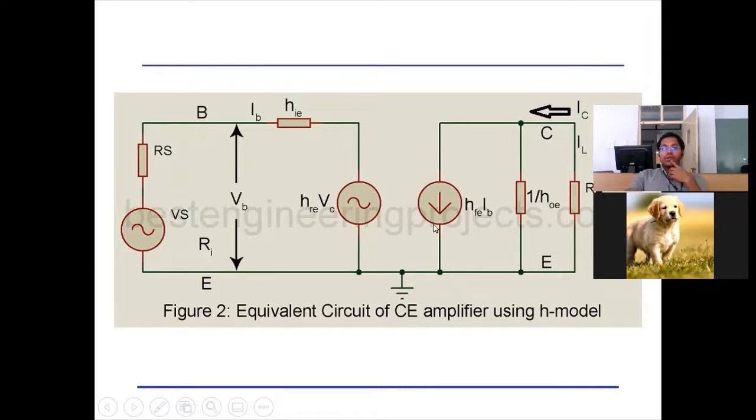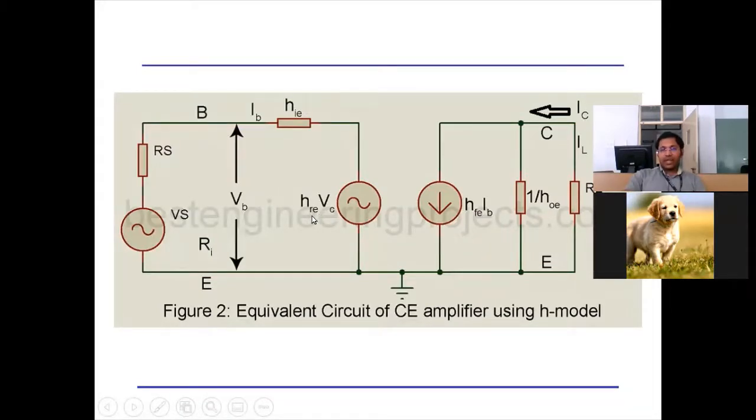Because V_C is related to, what is V_C? Anybody give me the answer: what is V_C in terms of I_C and output voltage? What is V_C here? Yes, please answer, no problem. V_C is minus I_C into R_L.